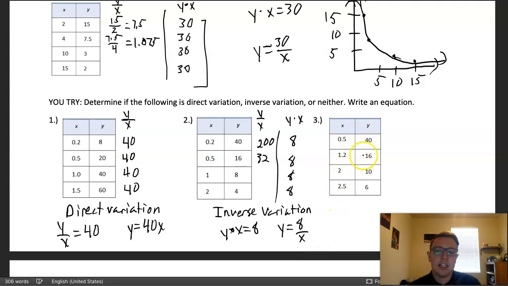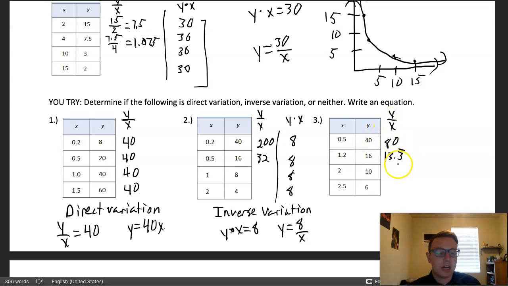Okay, one last one. Is this direct variation, inverse variation, or neither? And what's the equation? All right, let's start by looking at y divided by x. 40 divided by 0.5 gives us 80. 16 over 1.2 is going to give us 13.3 repeating.